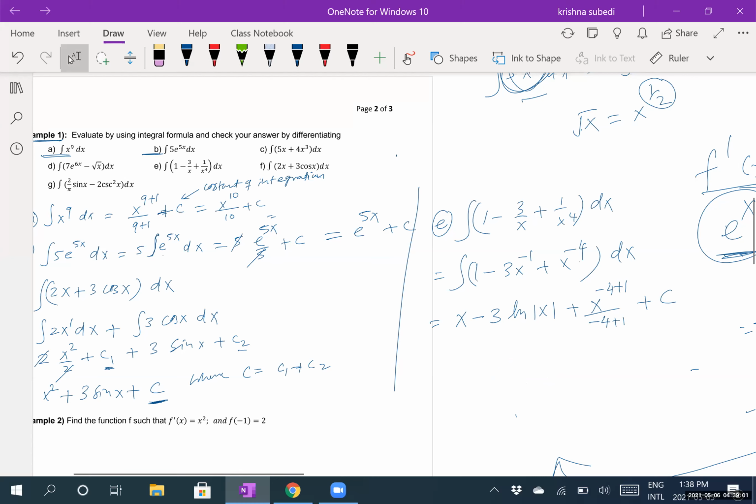Now from this example, remember, whatever the variable is given, always change it in such a way that you will see the power clearly, so that you can use the power rule. Sometimes you'll be given x like this, so you need to change that into the power.